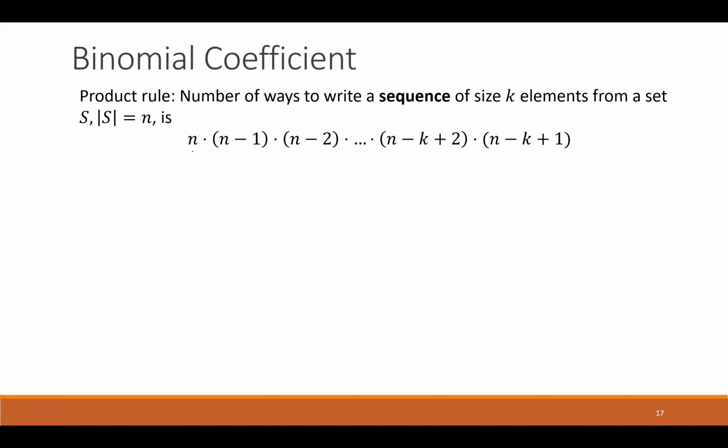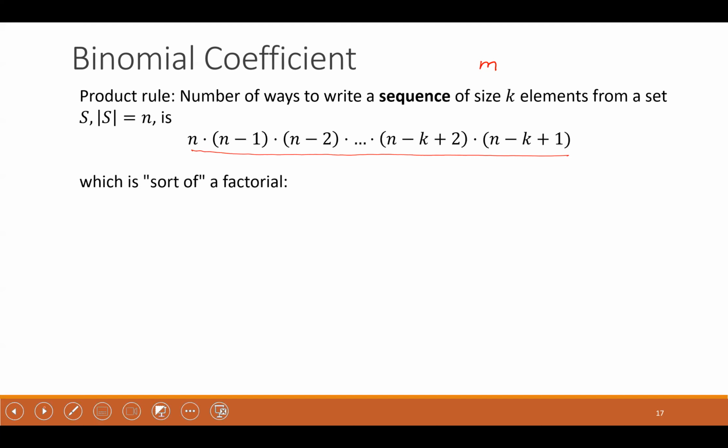But yeah, so using the product rule, the number of ways to write a sequence of size k is this value here. So we actually have a value now for what we called m earlier, right? But we just want to simplify it a little bit. This is pretty ugly. We've done this sort of simplification before.